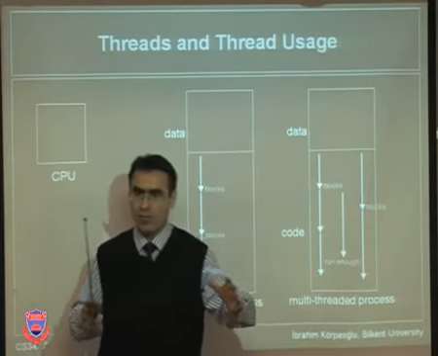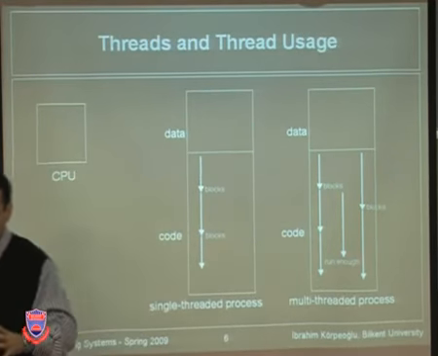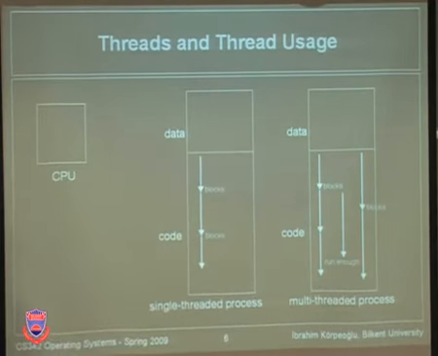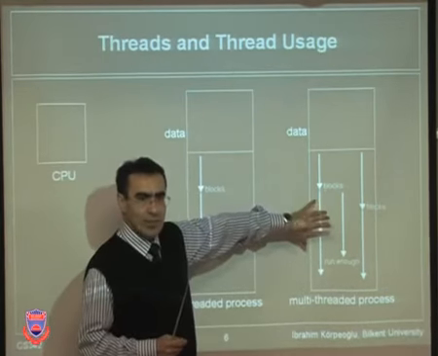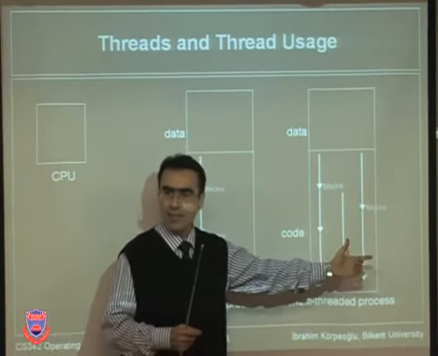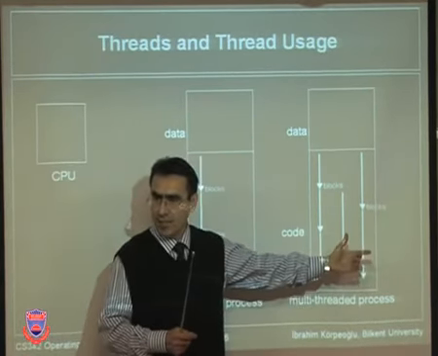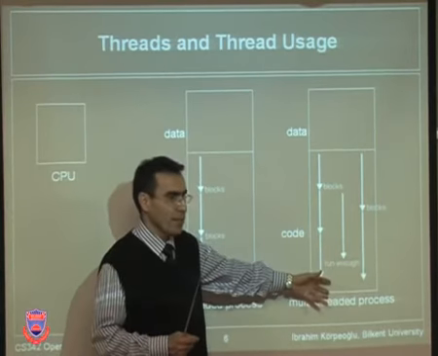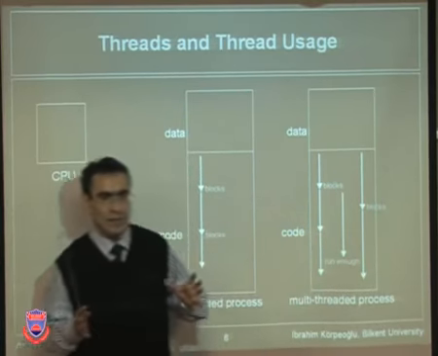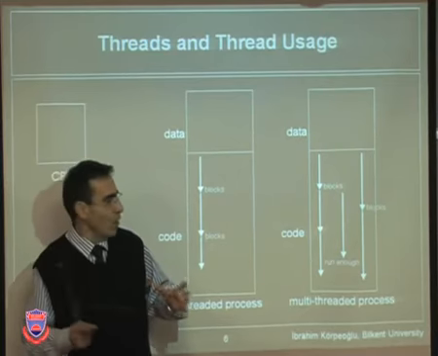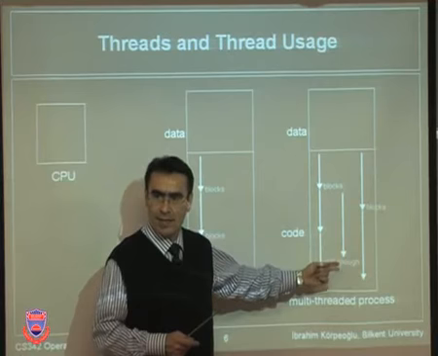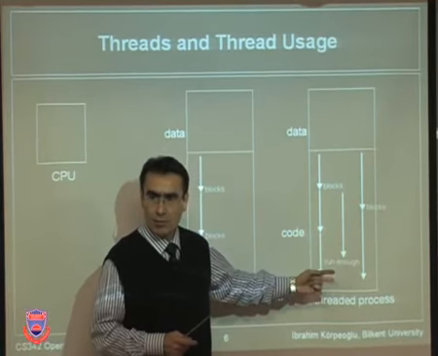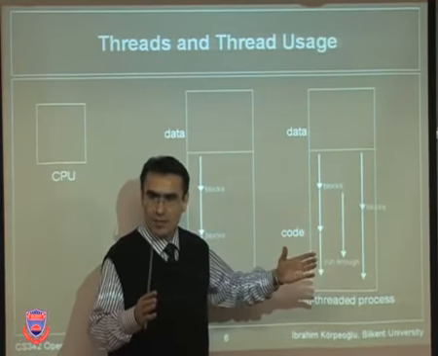Remember, in the multiprocessing idea, we were sharing the same single CPU among many processes. Here, we are sharing the same process among several threads. Whenever this process has the opportunity to run in the CPU, you can select one of these threads and run it for a while, and then another one, as long as that process is running in the CPU.